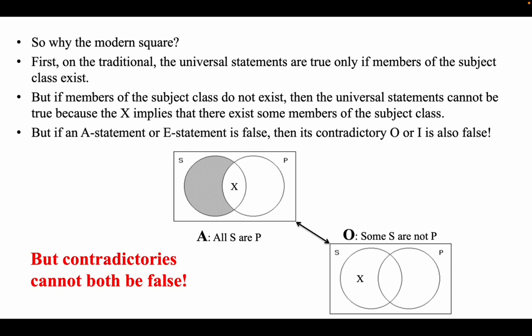So it would be false as well. Some Martians are not blonde would be false. But contradictories cannot both be false. So this would be a problem. So this is the first problem why modern logicians decided that the traditional square of opposition gives us some problems.